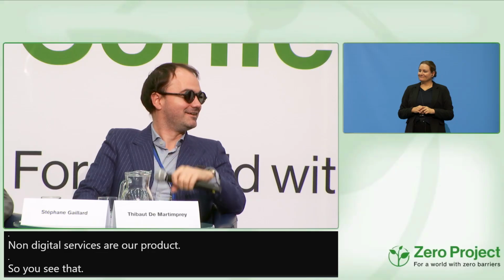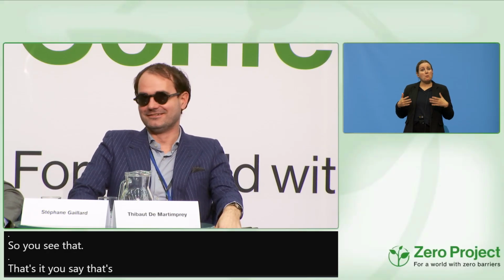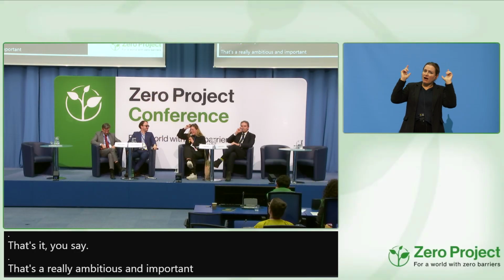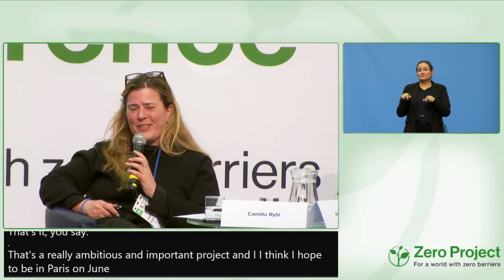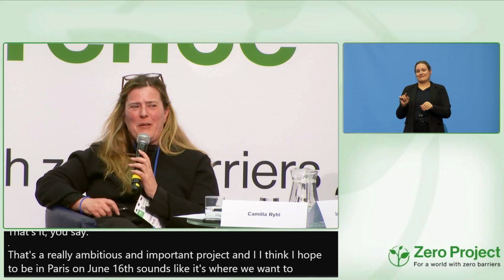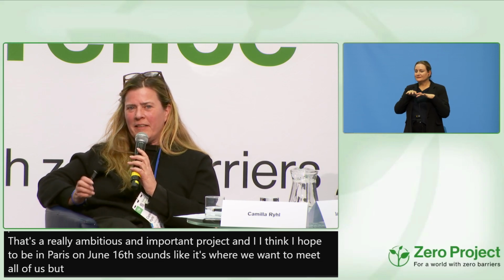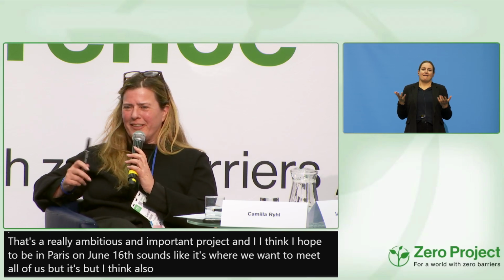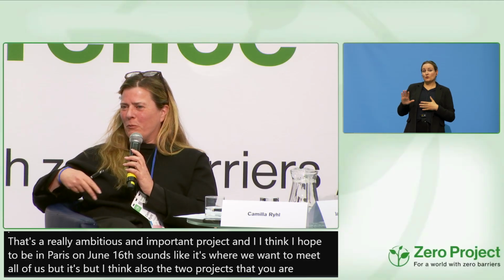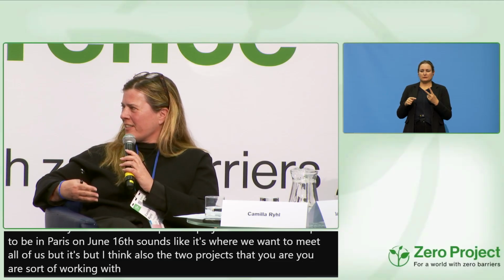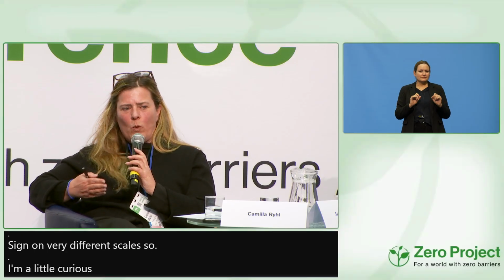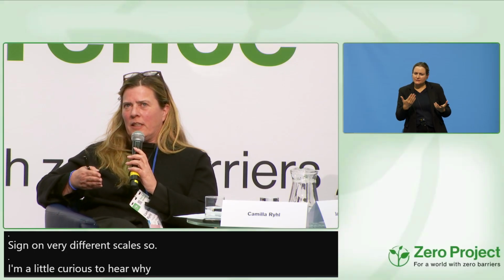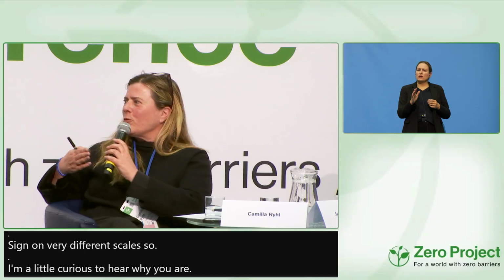That's a really ambitious and important project, and I hope to be in Paris on June 16th. Sounds like it's where we want to meet, all of us. But I think the two projects that you are working on with universal design are on very different scales. So I'm curious to hear why you are choosing to work with universal design.